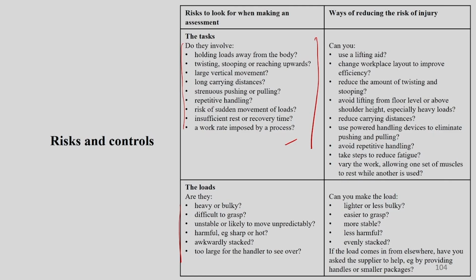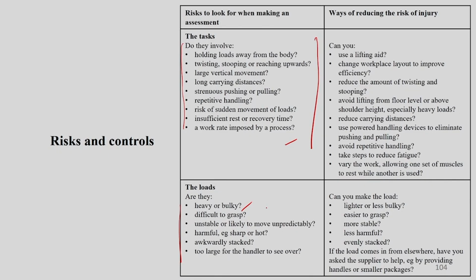So maybe only heavy or bulky. How can you reduce the size or reduce the weight? If you reduce the weight, then again you have to see what the manpower cost is, and how you can handle the situation without compromising productivity.